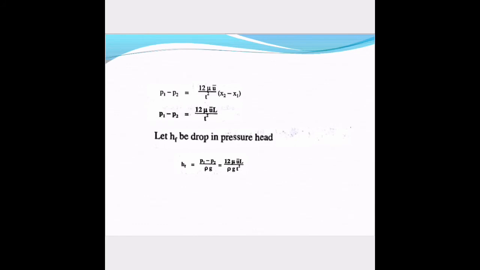So, we have taken x2 minus x1 as L. So, P1 minus P2 will be equal to 12 mu u bar L divided by t square.